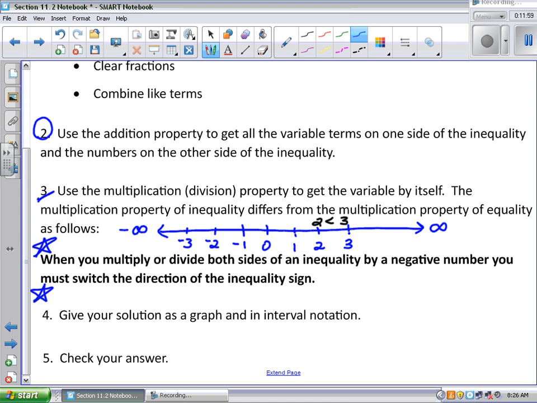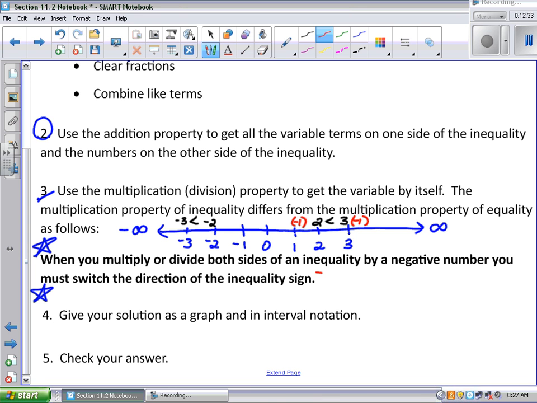Notice my numbers have now switched their order. So if I were to think about multiplying my inequality, 2 is less than 3, by -1 on each side, what do I get? I get -2 and -3. Well, what order do -2 and -3 go in? -3 is now less than -2. We have to switch the direction of the inequality sign.